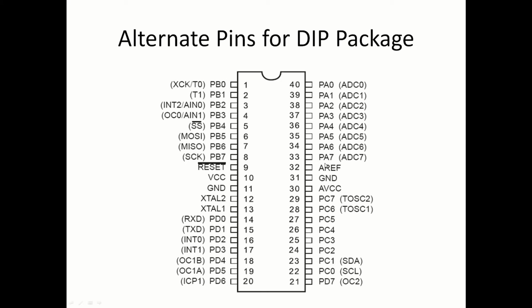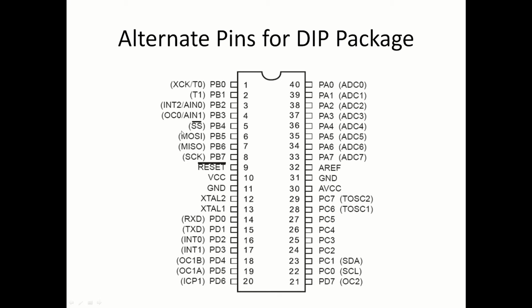But most of the port pins also have more than one function, as given in the brackets. For example, port A also works as an ADC, that is ADC0 to ADC7. Similarly, port B has timer functions, timer 0, timer 1, analog input 0, analog input 1.